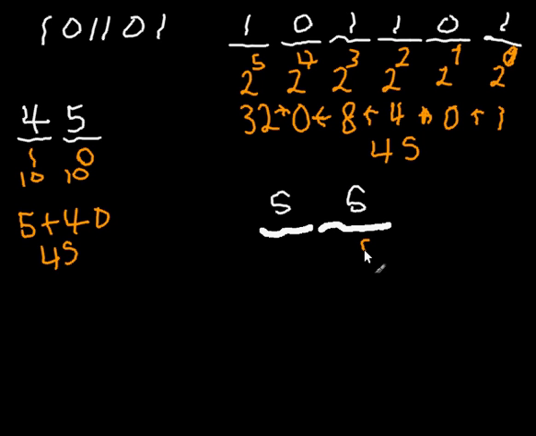So let's do this. 0th place, 1st place. 8 to the 0, 8 to the 1, because it's base 8. 8 to the 0 equals just straight up 1. So 5 times 1 is 5. Now 8 to the 1 equals 8. So 5 times 8, that's 40. So what we end up having is 45.